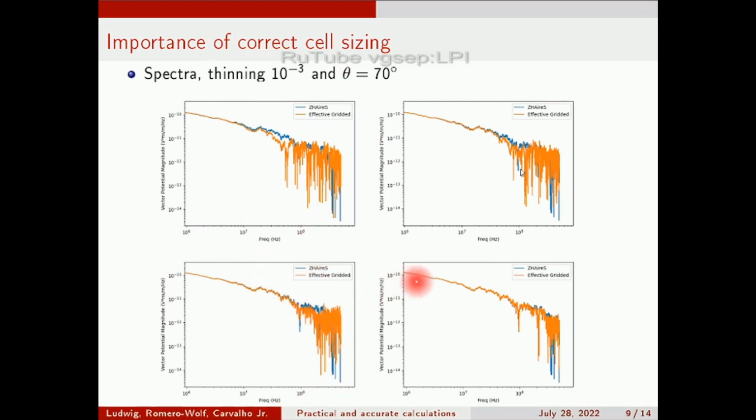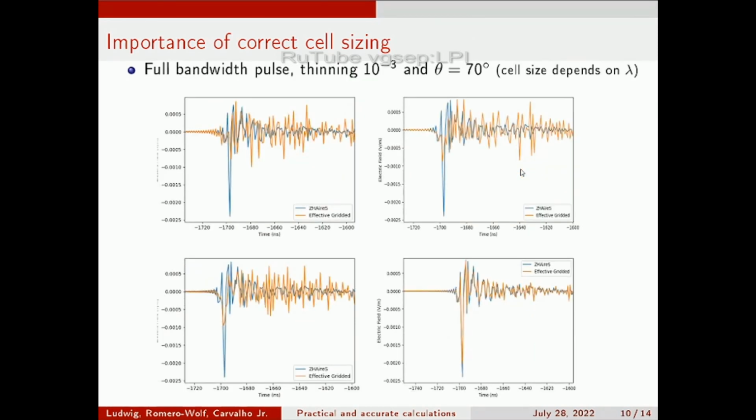And if you go still further and reduce the size, I can go to higher and higher frequencies. We didn't expect this to be very well represented because this is the full bandwidth pulse. So we know that we have a frequency limit for this approach. But if you get small enough cells, you can pretty much describe, a little bit, even the full bandwidth pulse.